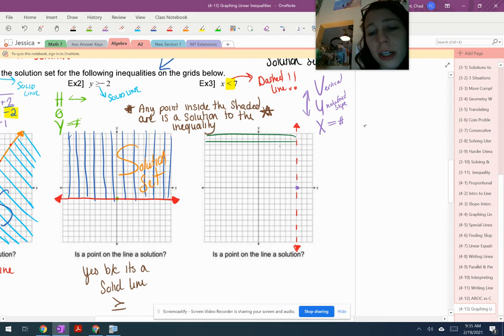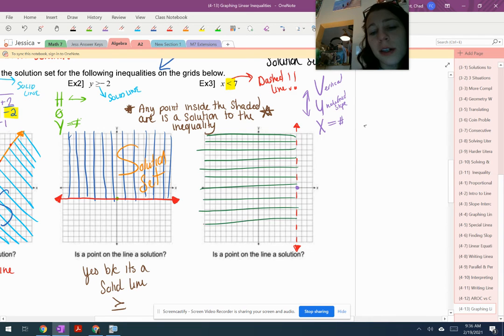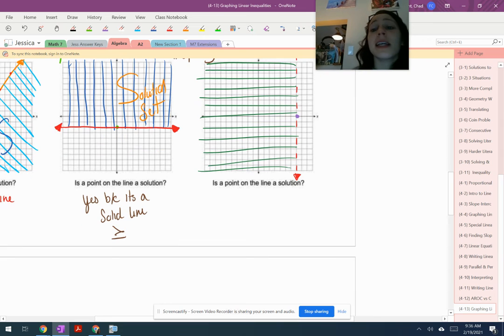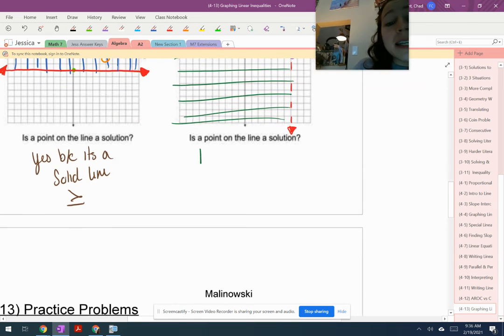So my shading goes to the left where those x values are getting smaller than 7. And last but not least is a point on the line a solution? In this situation, it is not, because it's a dashed line, not solid.